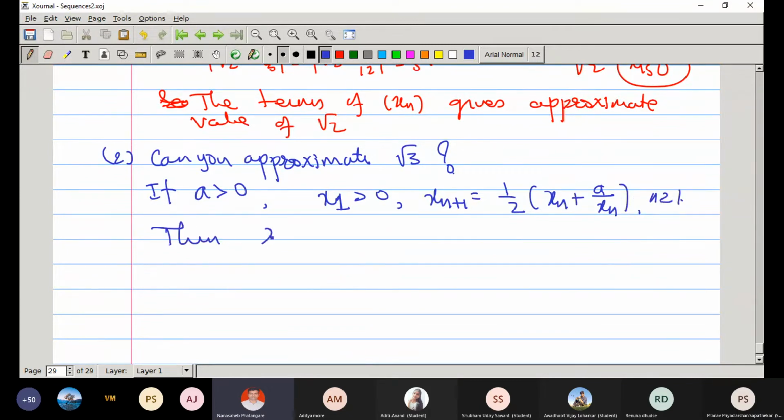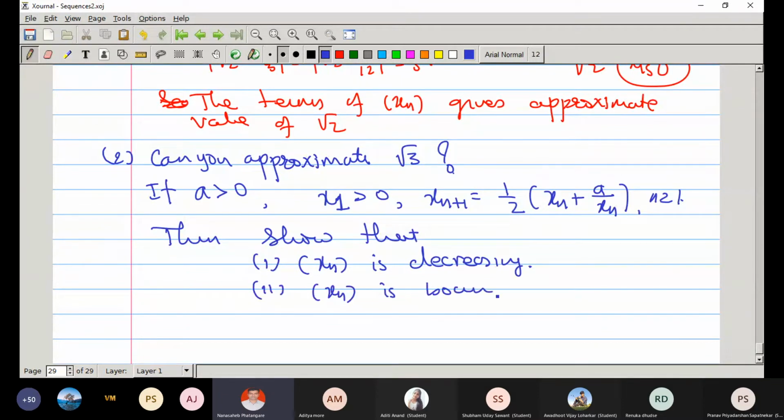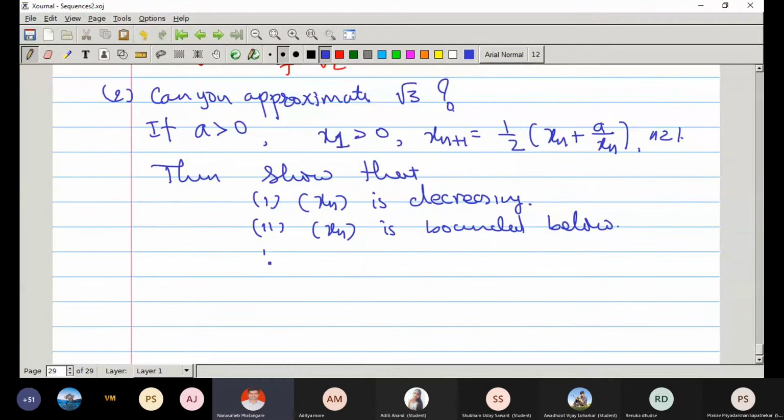Then show that xn is decreasing, xn is bounded below, xn is convergent, and limit of xn is root a. Limit of xn is square root of a.